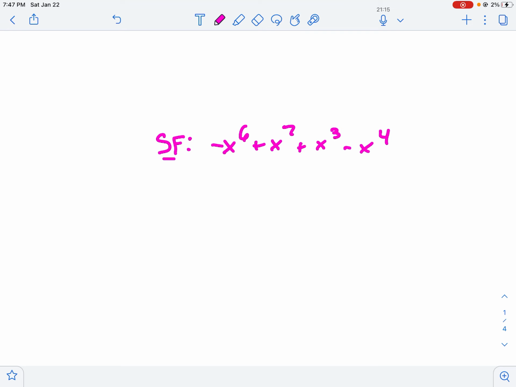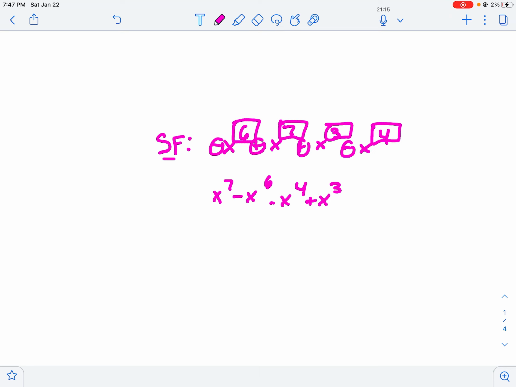If I asked you to put that in standard form, what would you do? You would have to put it from highest degree to lowest degree. So that'd be x to the power of 7 minus x to the power of 6 minus x to the power of 4 plus x to the power of 3. It doesn't matter what these are. It's about which one has the highest degree. And that's going to be your leading coefficient, okay?